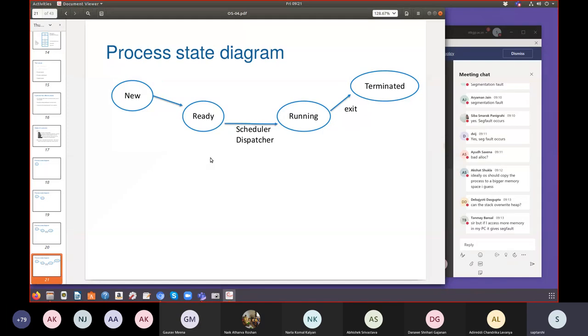That means there will be a time quantum, and it will give a time quantum to process 1, the next time quantum to process 2, the next to process 3, and again circle back, the next time quantum to process 1, and so on. Right? So we have added all these complexities, and therefore, in the modern system, the process state diagram is much more complicated. Let's see how.